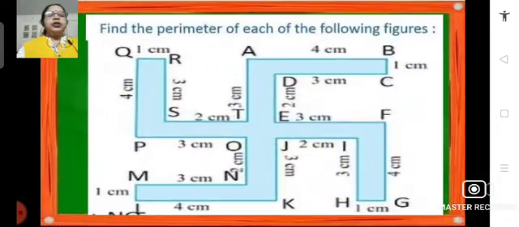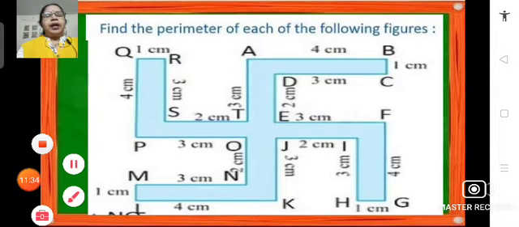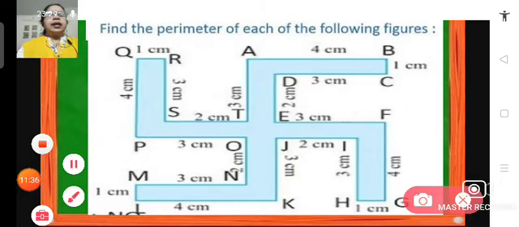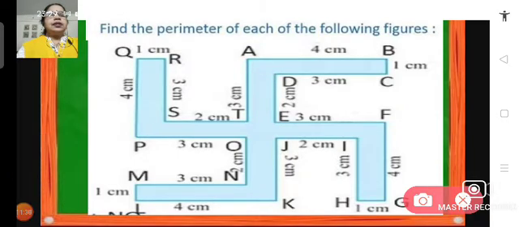Now let's move on to the next question. Here we have a figure and we have to find out the perimeter. What do we do? We add up the lengths of all the sides.